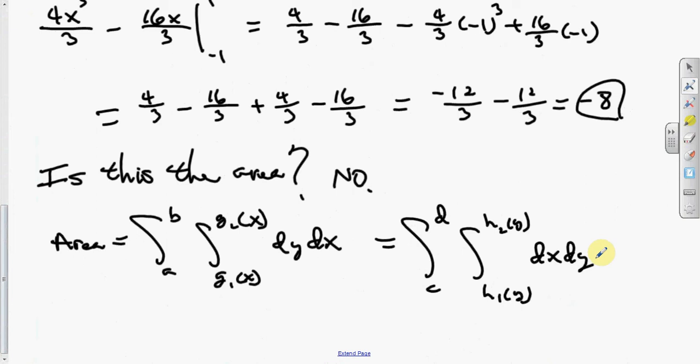It's an iterated integral. Right? It's not the area. It's not the volume. We know it can't be the area or a volume because the answer came out to be a negative.